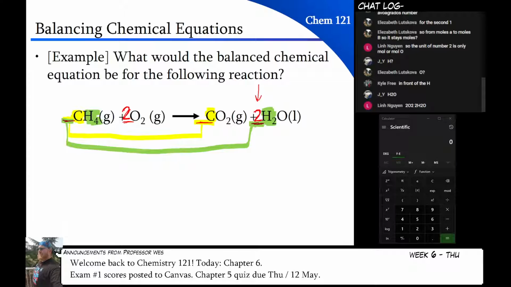In other words, this number times this number needs to be equal to this number times this number. I just realized I'm writing product when we're talking about reactants and products.